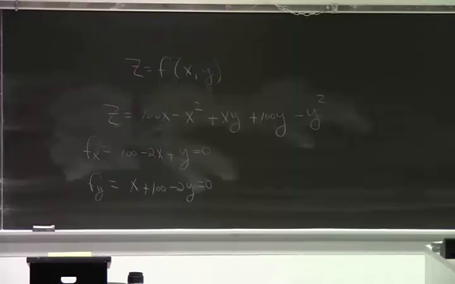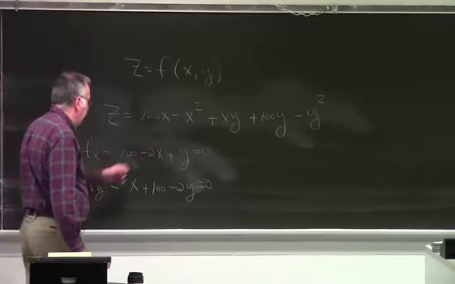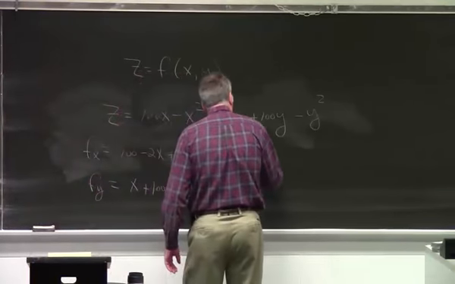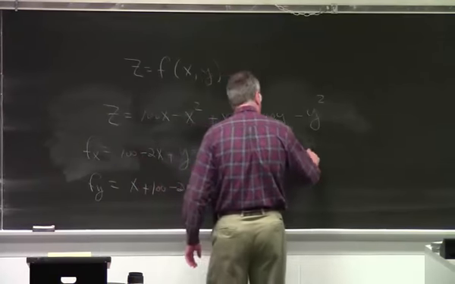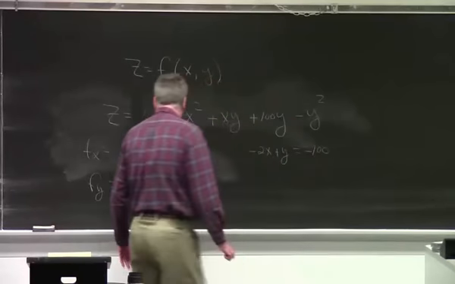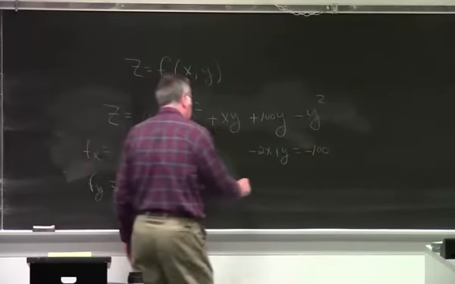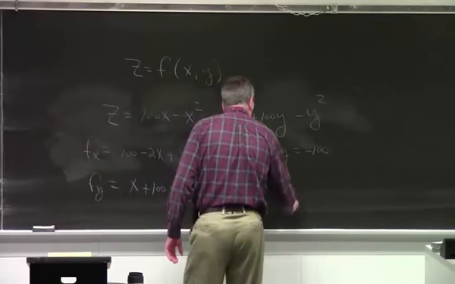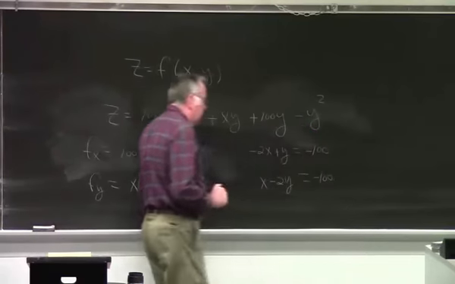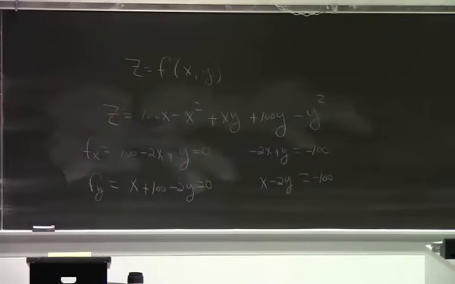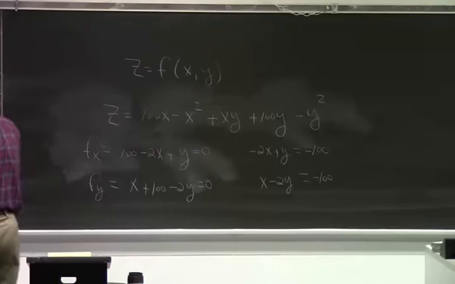Is this clear? Okay. Let me just rewrite these equations. Let me rewrite this equation as minus 2x plus y equals minus 100. And let me rewrite this equation as x minus 2y equals minus 100. I don't like that minus sign on the right-hand side, so let's multiply through both of these equations by minus 1.